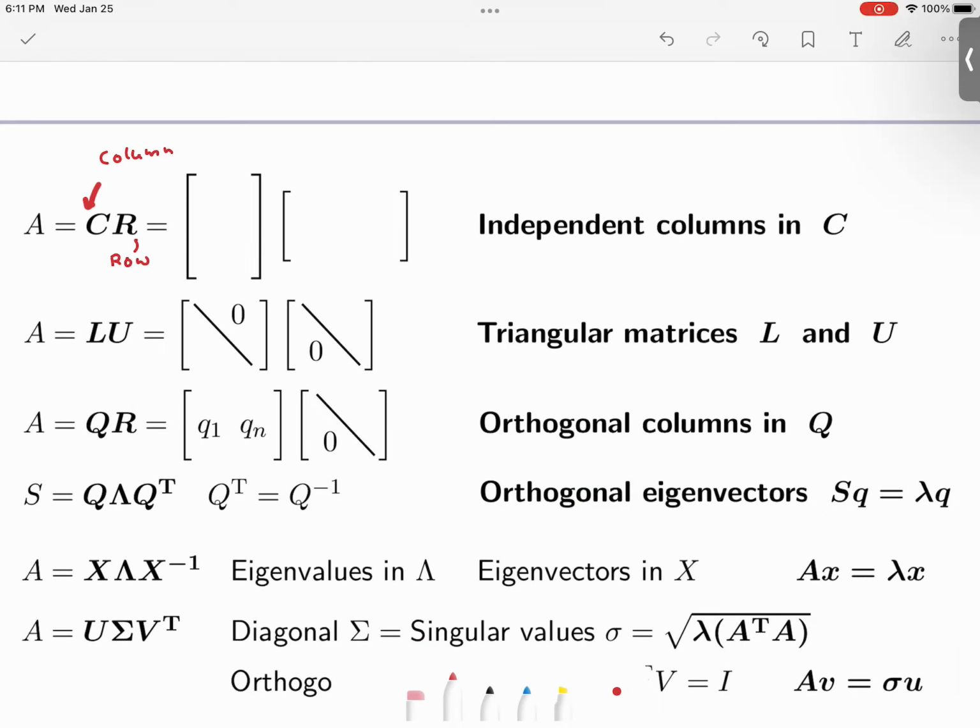Because in the last class, we talked about the dependence and independence of vectors. Now, let me give you a very simple example.